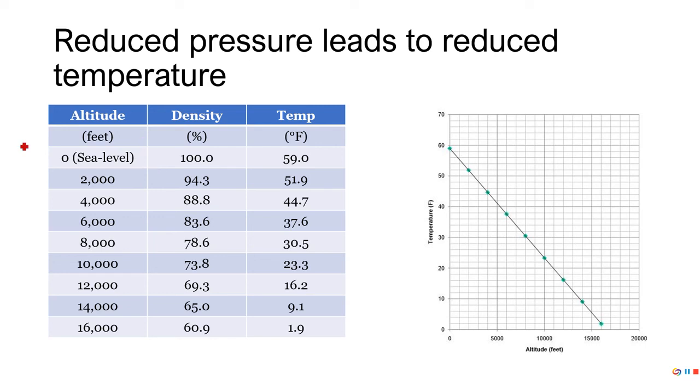Okay, and so if we're at sea level and it's 59 degrees Fahrenheit, which is about 15 degrees Celsius, by the time we get to the top of the Rockies, that same temperature is about 2 degrees Fahrenheit. And we can extrapolate that even further if we went out to Everest, right? So we've got a very nice linear relationship. And so lower pressure equals lower temperature.